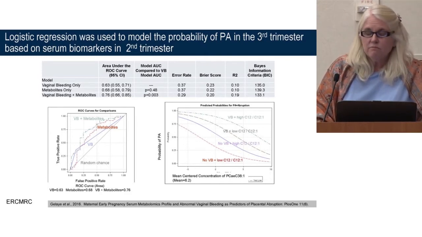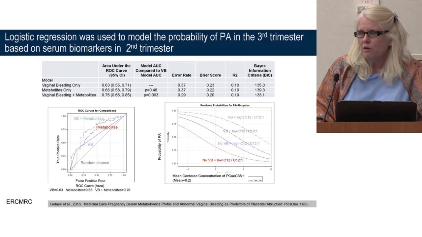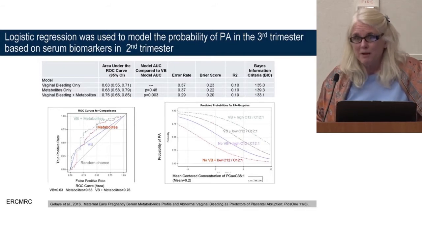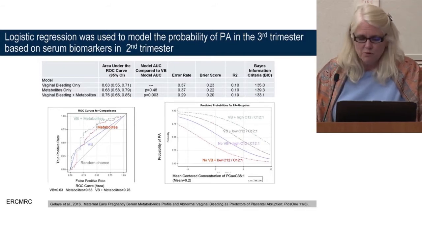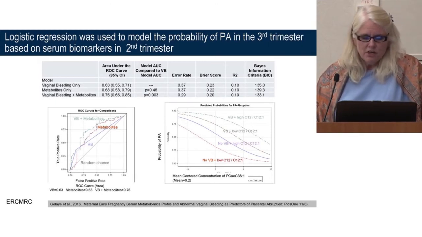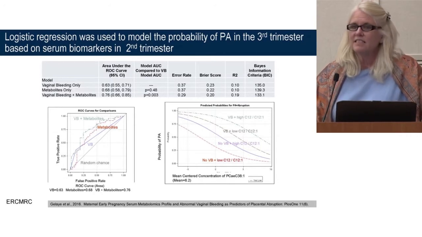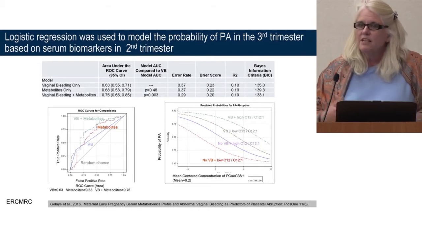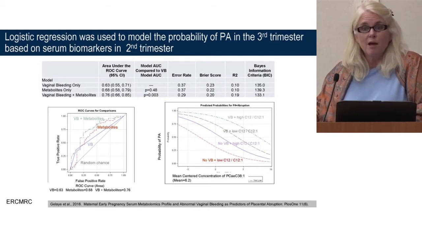And the gold standard right now for placental abruption is vaginal bleeding, but that doesn't occur until you already have that pregnancy complication, and it's a little late, right? And it's not really telling us about mechanism, it's telling us that there's a problem. But we looked and we could see that our metabolites could predict about an equal number of cases before any complications in the second trimester serum than vaginal bleeding could, which happened much later.